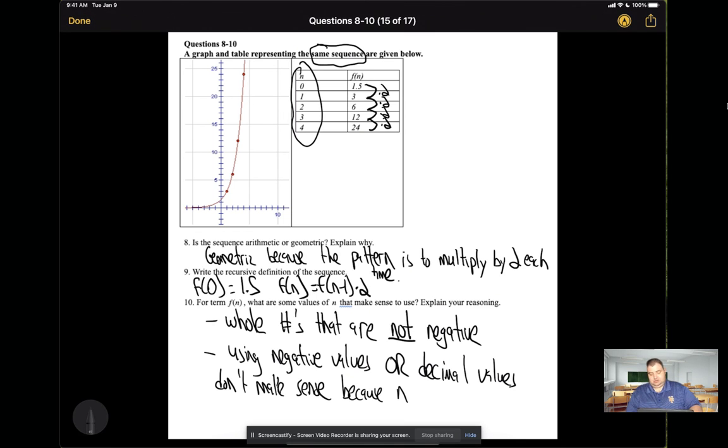Because n represents the term number. Okay? So whole numbers that are not negative are the values of n that it makes sense to use. Why does that make sense? Because using negative values or decimal values doesn't make sense because n represents the term number.